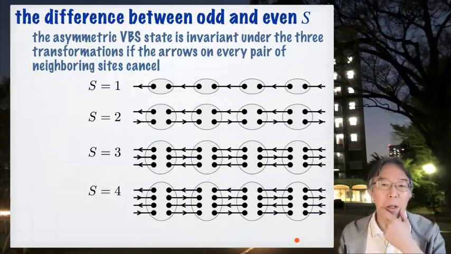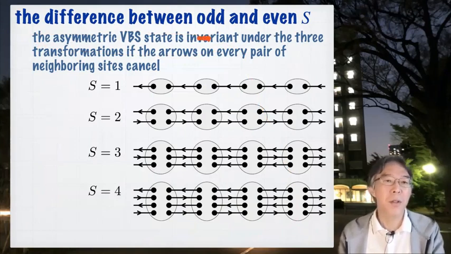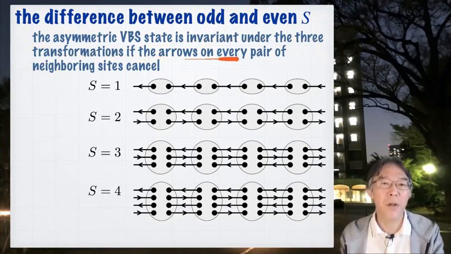And now this is the punchline. The main topic of this video was the difference between odd and even S. And now this is the observation about asymmetry. The asymmetric VBS state is invariant under the three transformations if the directions of arrows on every pair of neighboring sides cancel.